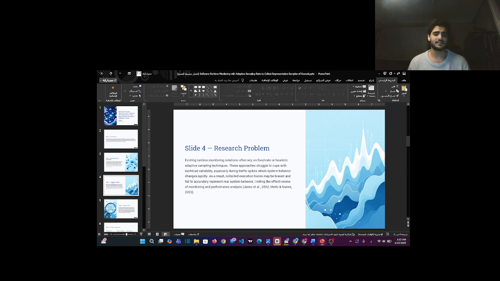During traffic spikes, system behavior can change rapidly, yet these sampling strategies may either oversample, causing performance degradation, or undersample, leading to biased and unrepresentative data. As a result, the collected execution traces may fail to reflect the true behavior of the system, limiting the effectiveness of monitoring and performance analysis.